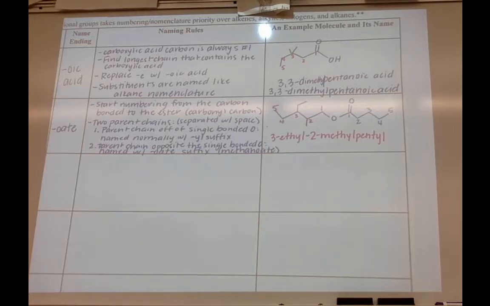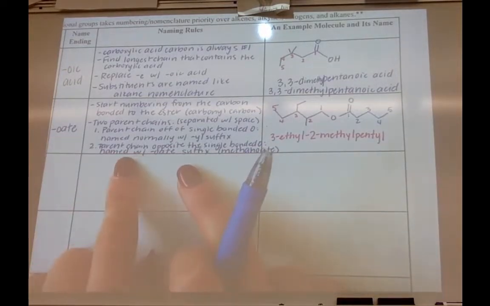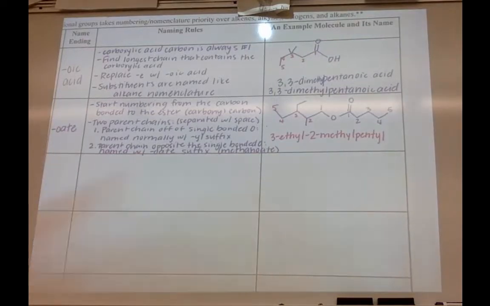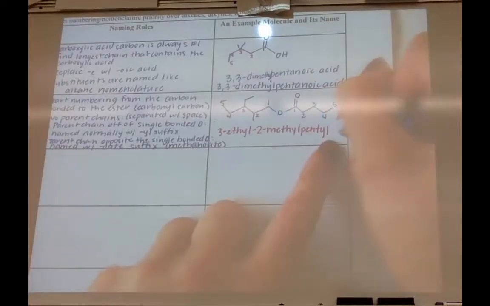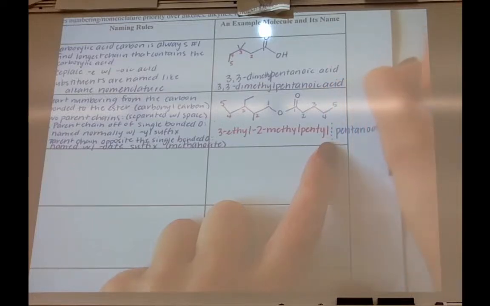Right, pentane. But if we look at the very last rule here, the parent chain opposite the single bonded oxygen is named with OATE. So instead of pentane, it's pentanoate. So I'm going to put a space here. Pentanoate.